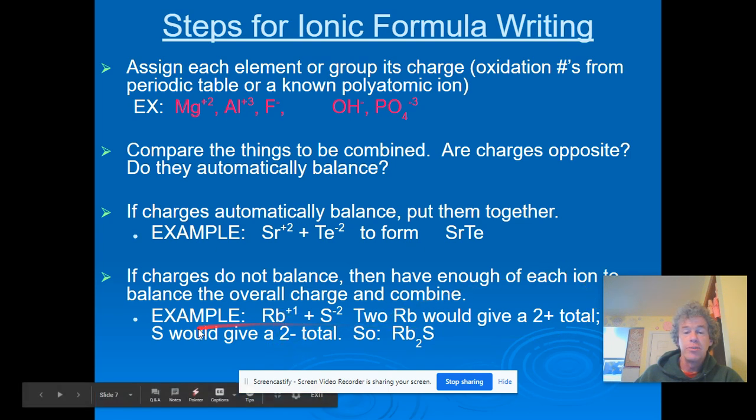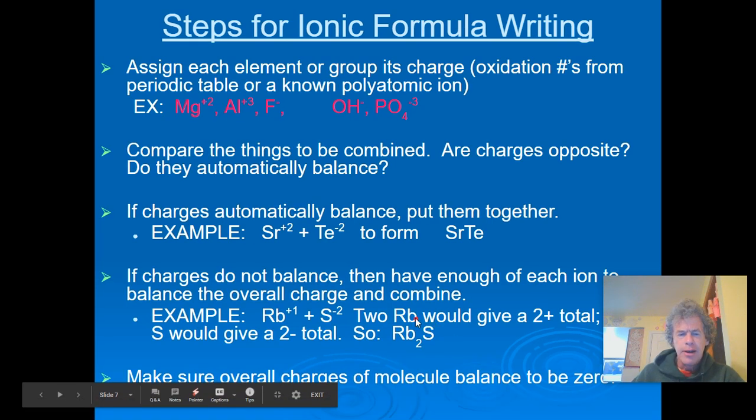Then you have a +2 and a -2. They balance out. So your formula of rubidium with sulfide ion would be Rb2S. Now, again, make sure that you balance the charges to be 0.